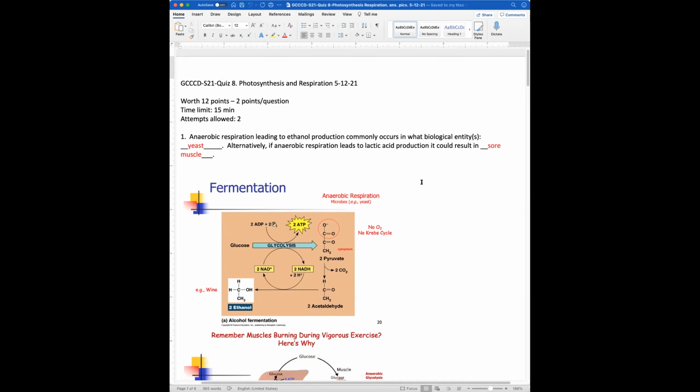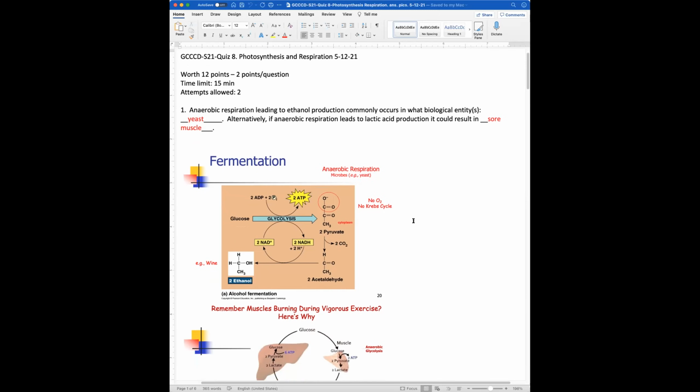Okay, the first question: anaerobic respiration leading to ethanol production commonly occurs in what biological entities? What I had in mind there was yeast, but I would accept bacteria or microorganisms. Alternatively, if anaerobic respiration leads to lactic acid production, it could result in sore muscles.